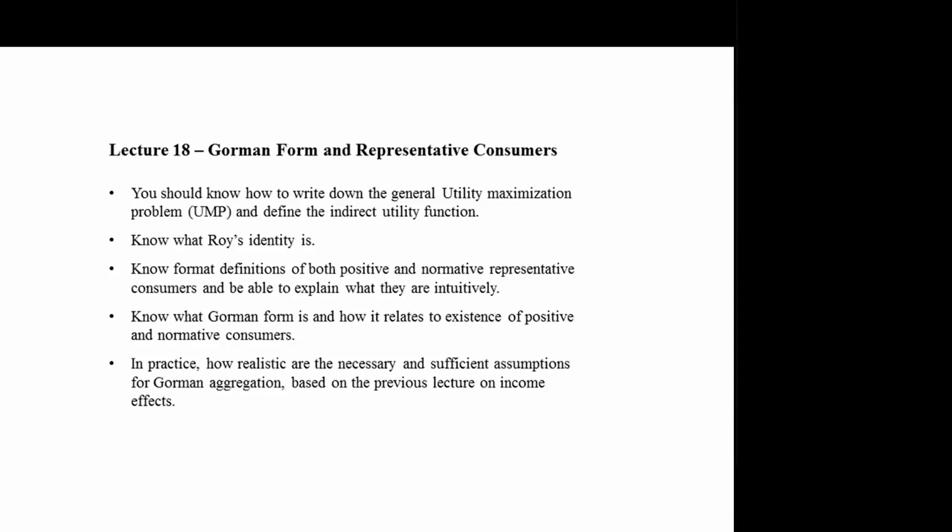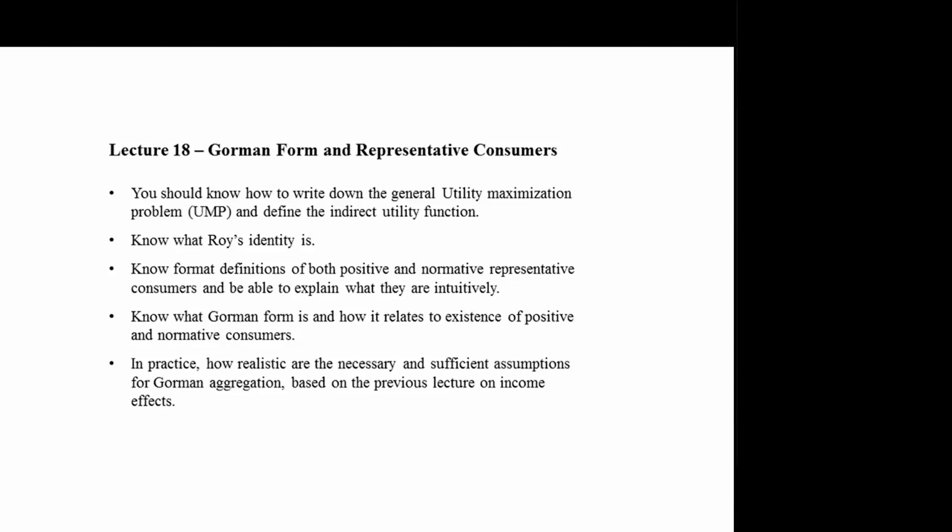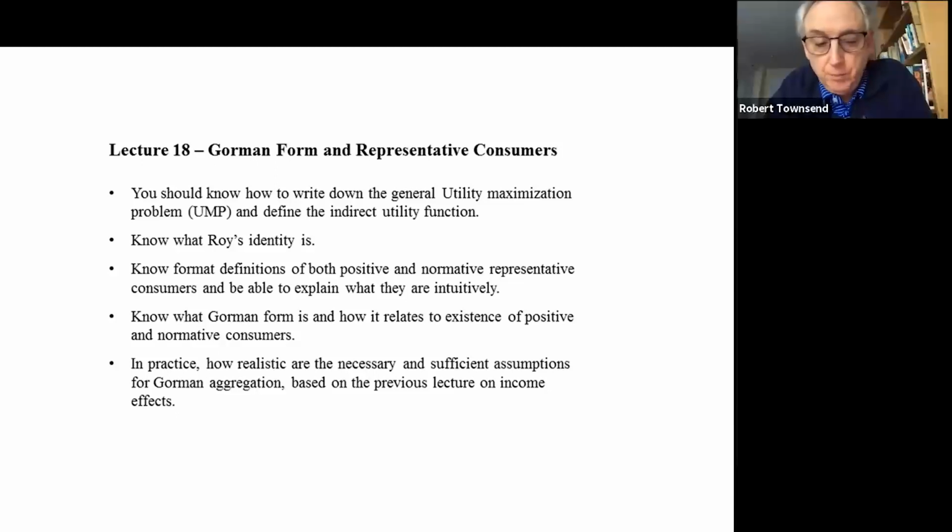Right. So those linear expansion paths are a shorthand way of saying different people can consume different amounts because they have different wealth. But if you start changing the wealth distribution, holding the aggregate fixed, you're increasing wealth for some households and decreasing it for others.